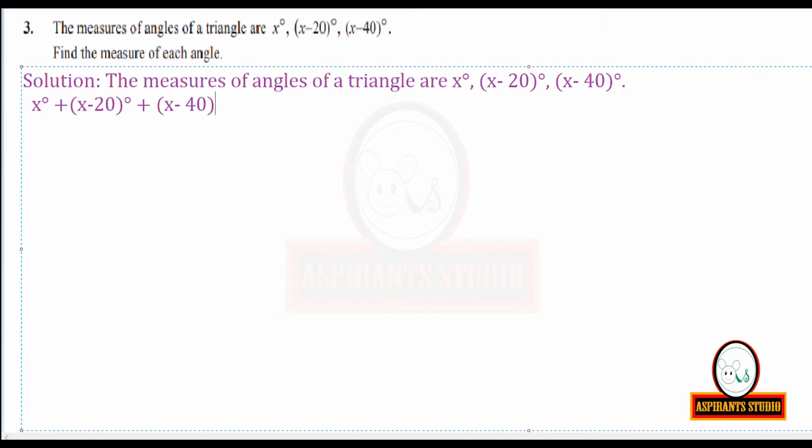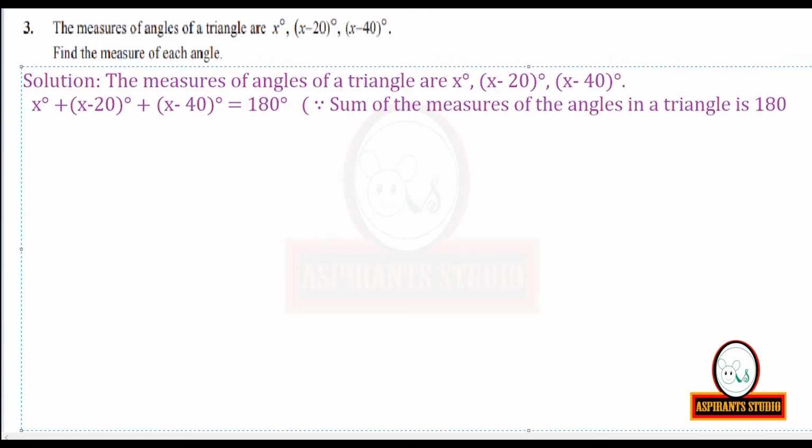So the solution, you can apply sum of measures of all angles of a triangle is 180 degrees. So x degrees plus x minus 20 degrees plus x minus 40 degrees will be equal to 180 degrees. You have to write the reason by the side, since sum of the measures of the angles in a triangle is 180 degrees.